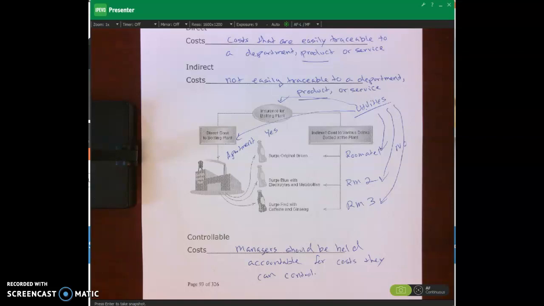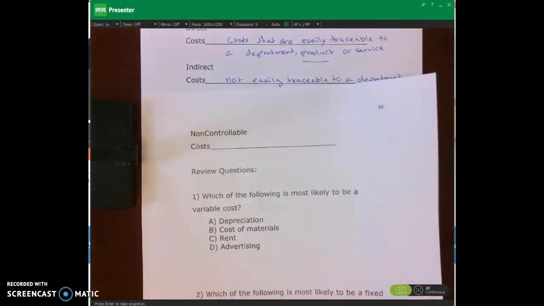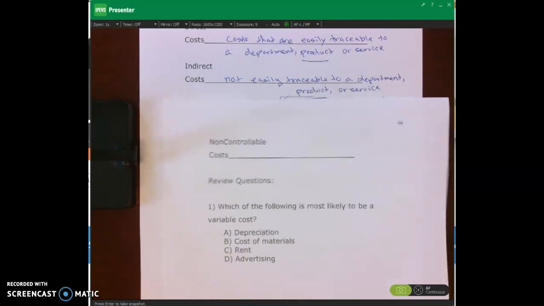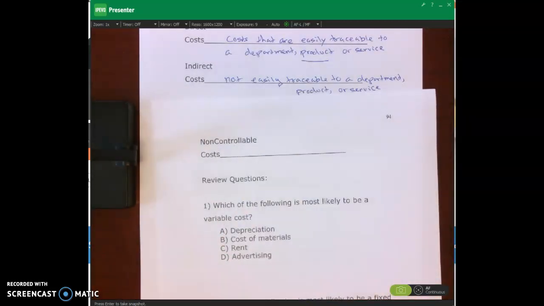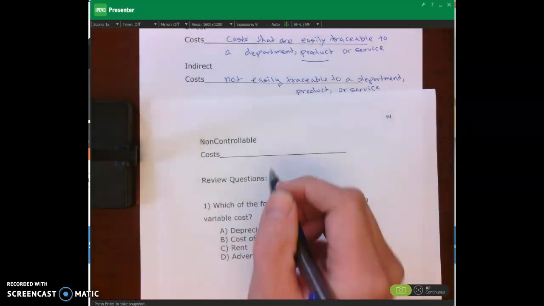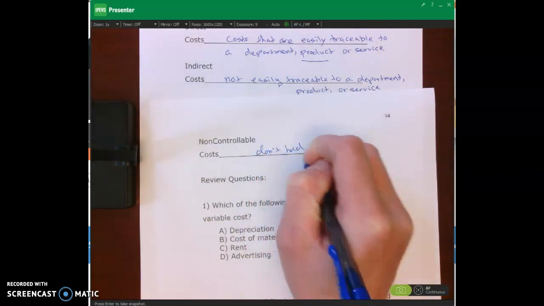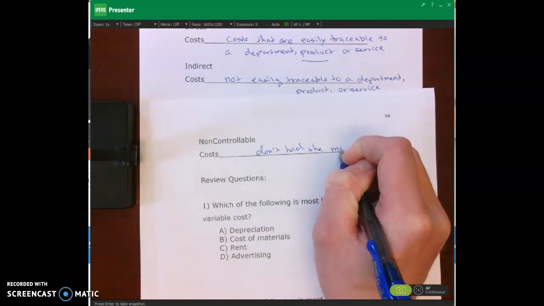There are some things I'm sure that are within their control, but a lot of the downturn in revenue for a restaurant, for example, is just outside their control. It would be unfair to hold them accountable for that. And that's what we mean with respect to controllable versus non-controllable costs. If it's non-controllable, don't hold the manager accountable.